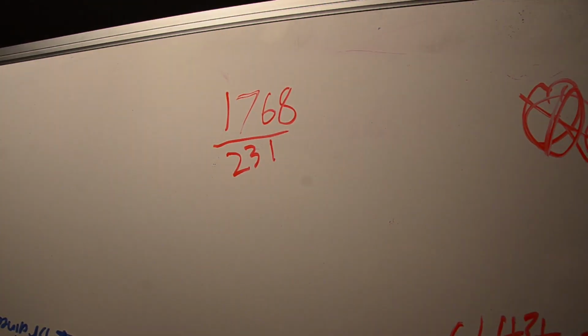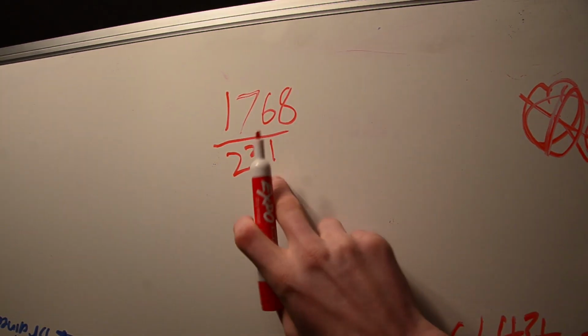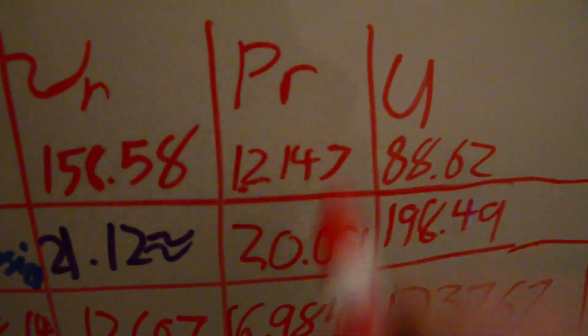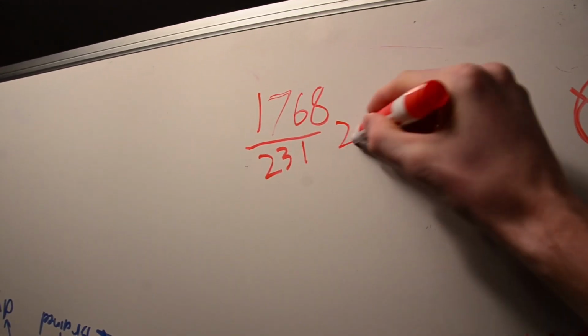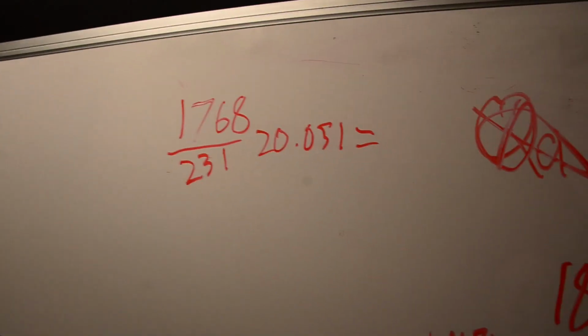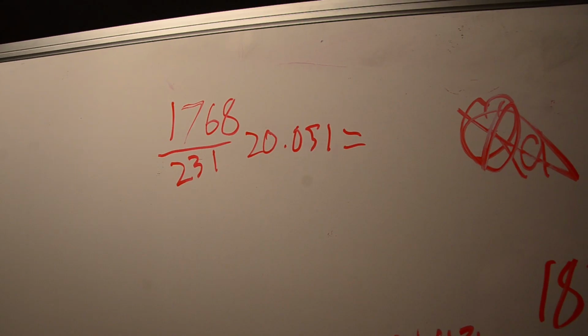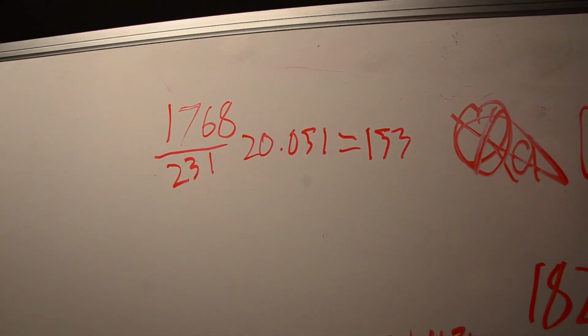And then that should be times the pressure ratio, which, if we go over here onto the dark side of the whiteboard, was relative pressure, relative volume. Relative pressure was 20.051, and we times this by 20.051. It equals a number that I don't remember, but the point is that it's very, very low. It's somewhere in the hundreds, like 153 or something like that.